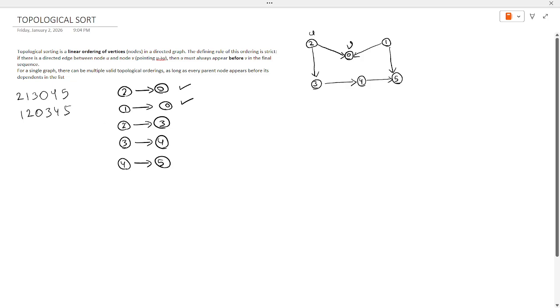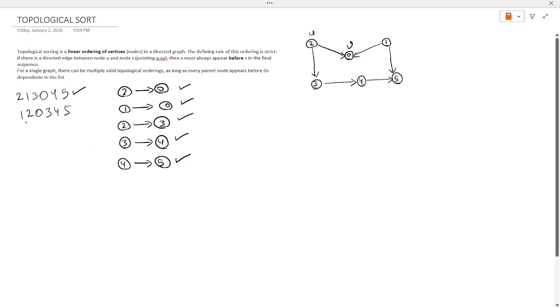If I consider the edge 2 to 3, 2 appears before 3 in this order, hence this edge is also satisfied. And if I consider this edge 3 to 4, 3 also appears before 4 in this particular order. So this edge is also satisfied. And if I consider the last edge 4 to 5, 4 appears before 5 in this particular order. Hence this edge is also satisfied. Okay, so we can say this is a valid topological order.